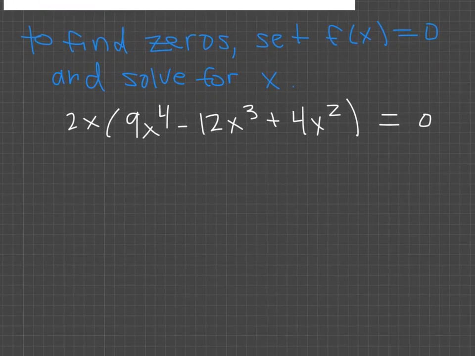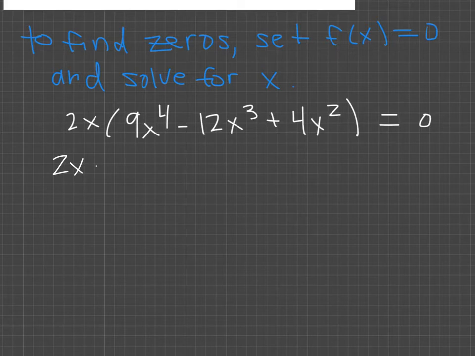Now let's factor what we have in those parentheses. So the 2x is going to come along, and we're actually going to factor out a greatest common factor. So our greatest common factor is an x squared.